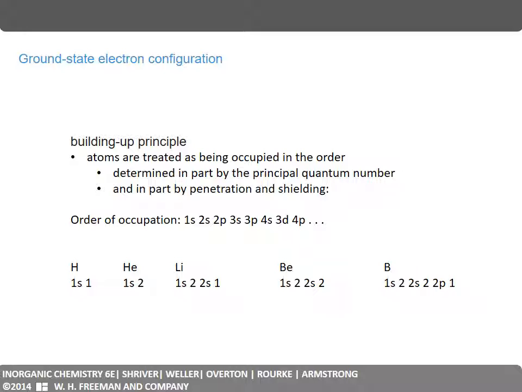Now let's see how we can apply the buildup principle to infer something about the ground state electron configuration. In the buildup principle, atoms are treated as being occupied in an order that is partially determined by the principal quantum number and partially by penetration and shielding.